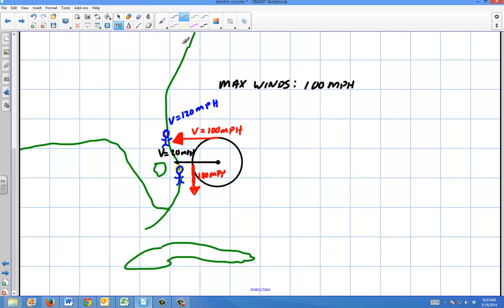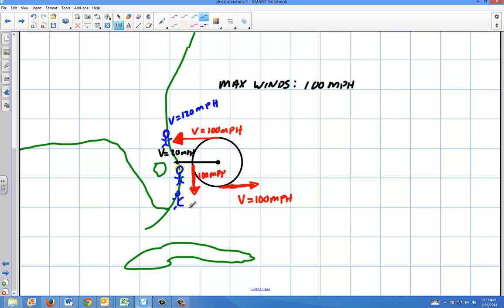The person all the way down at the bottom of the storm is going to see a wind that goes offshore. Let's say the wind speed down here is 100 miles per hour. They're actually going to see an offshore wind of 80 miles an hour, because it's 100 minus 20.